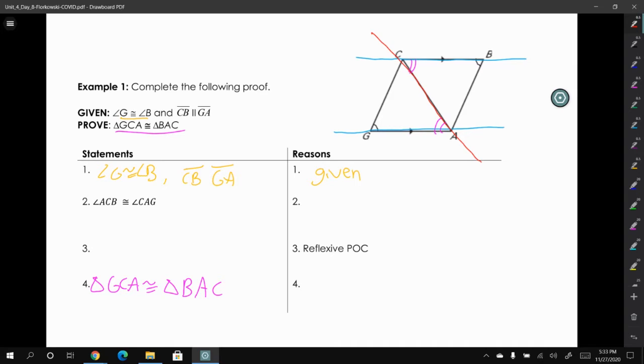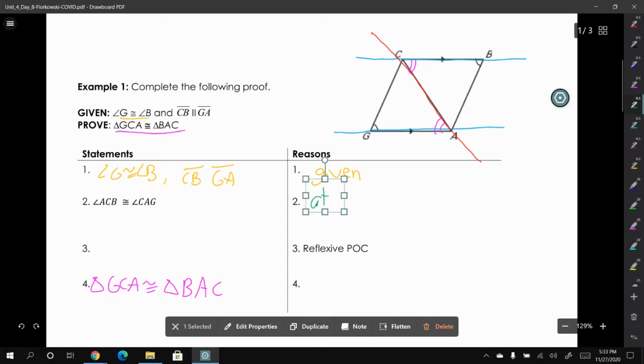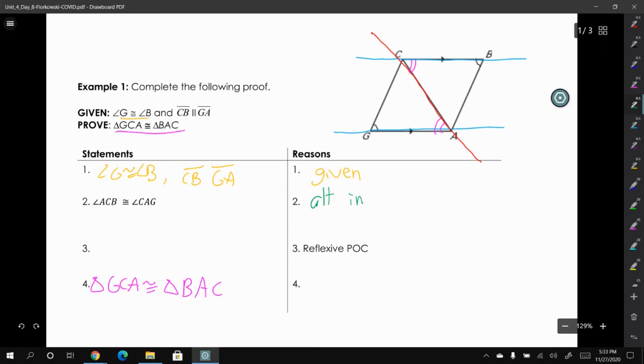So we have two parallel lines. If we look in between them, that's the interior of those parallel lines. And the two angles that I marked are alternate interior angles. One angle is on the left side of the transversal, the other angle is on the right side of the transversal, and they're both on the inside of the parallel lines. So the reason why we can say those two angles are congruent is because the alternate interior angles are congruent.